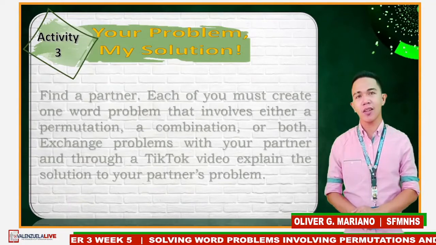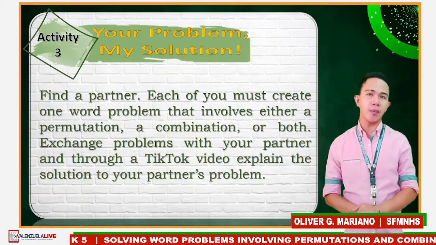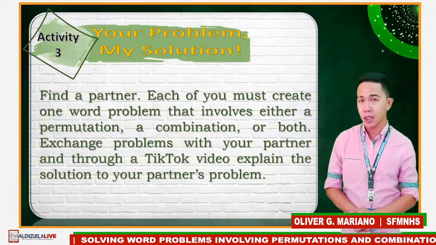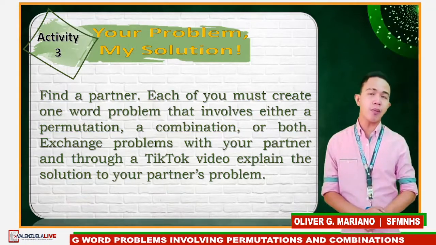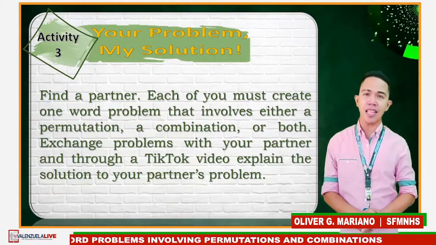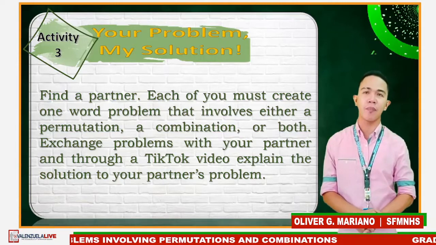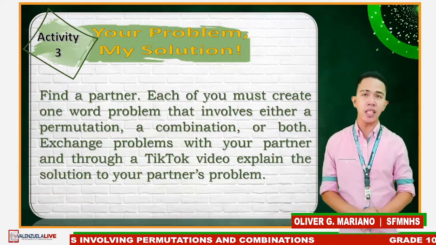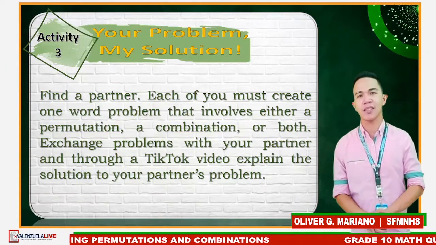Find a partner. Each of you must create one word problem that involves either a permutation, a combination, or both. Exchange problems with your partner, and through a TikTok video, explain the solution to your partner's problem. You may share your TikTok video with your partner and also with your mathematics teacher.